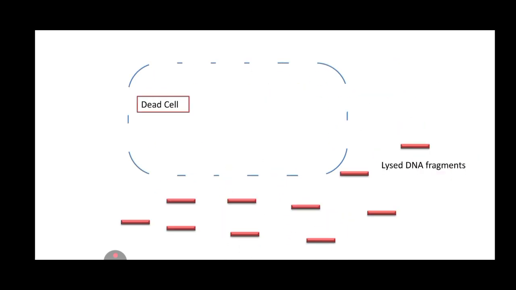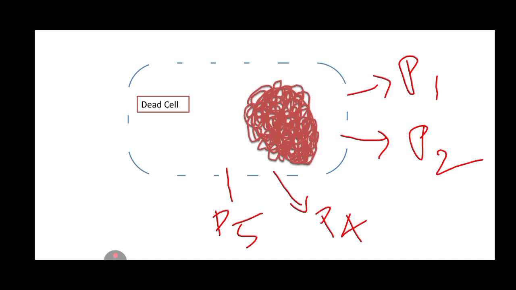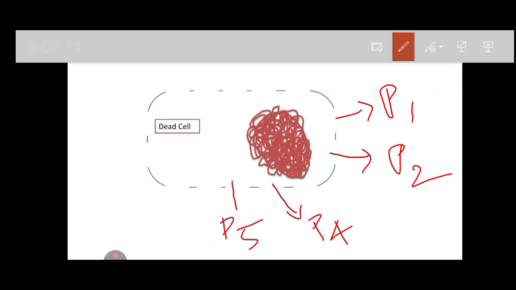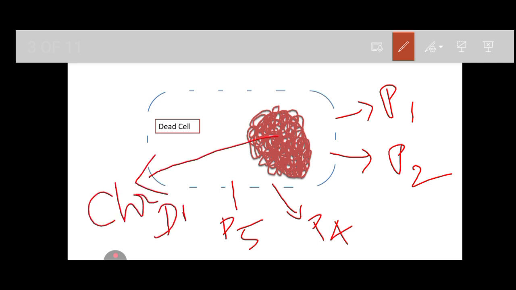Next slide. Through the pores, in the previous slide, here you could find the chromosomal DNA which is organized in the cytoplasm, or in short, chromosomal DNA.